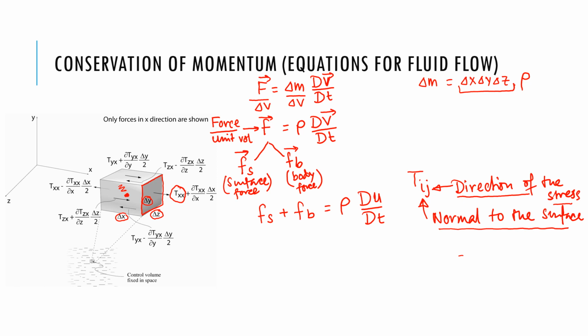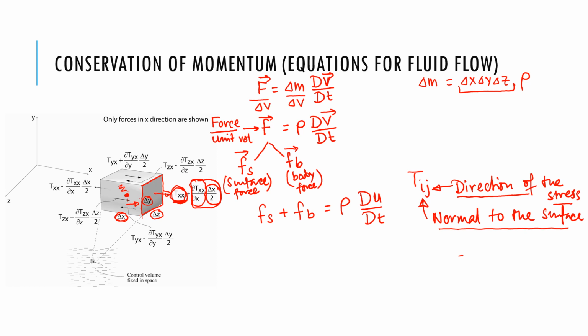So a little bit far from the center at this surface, with the entire dimension being delta x, it's going to be whatever is the value at the center plus the rate at which it changes with x, so del Txx del x, times the distance. So while Txx is at the center of the cube, on this surface here, it's Txx plus this quantity.